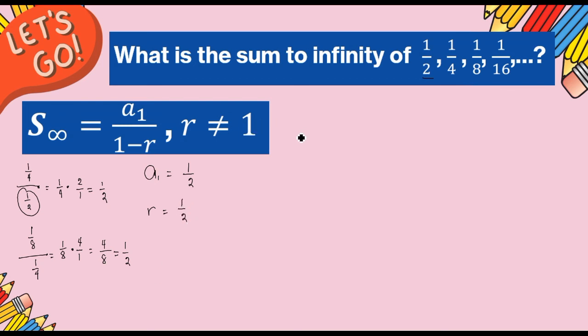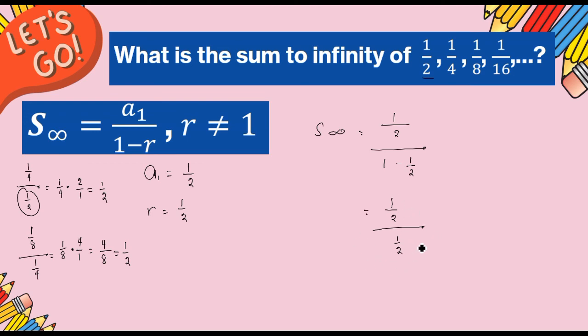Okay? Then, we will substitute the value. S of the infinity is equal to, ang A sub 1 po natin ay 1/2, all over 1 minus 1/2 ang R natin. So, magiging 1/2 all over, so 1 minus 1/2 is 1/2.